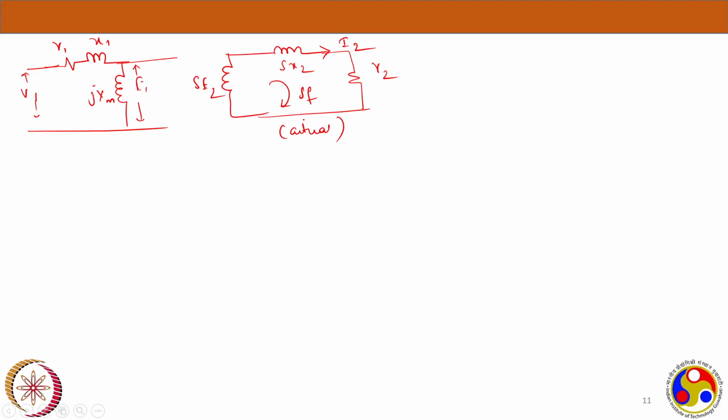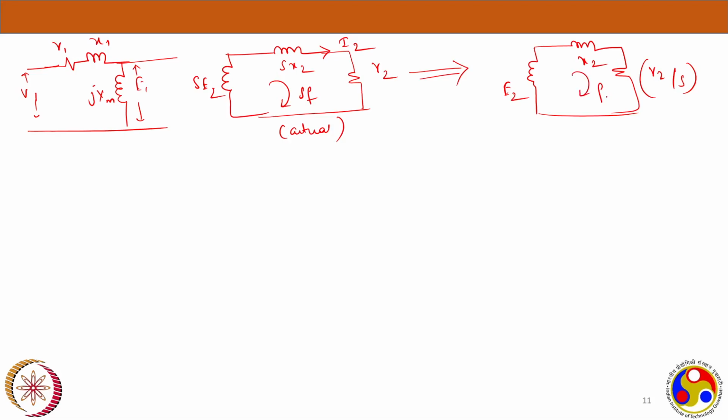Now the solution people have come up with is they are changing this secondary circuit from SE2 to E2, and the reactance will be X2, and the resistance will be R2 by S, and the frequency is F, and the current is still I2.